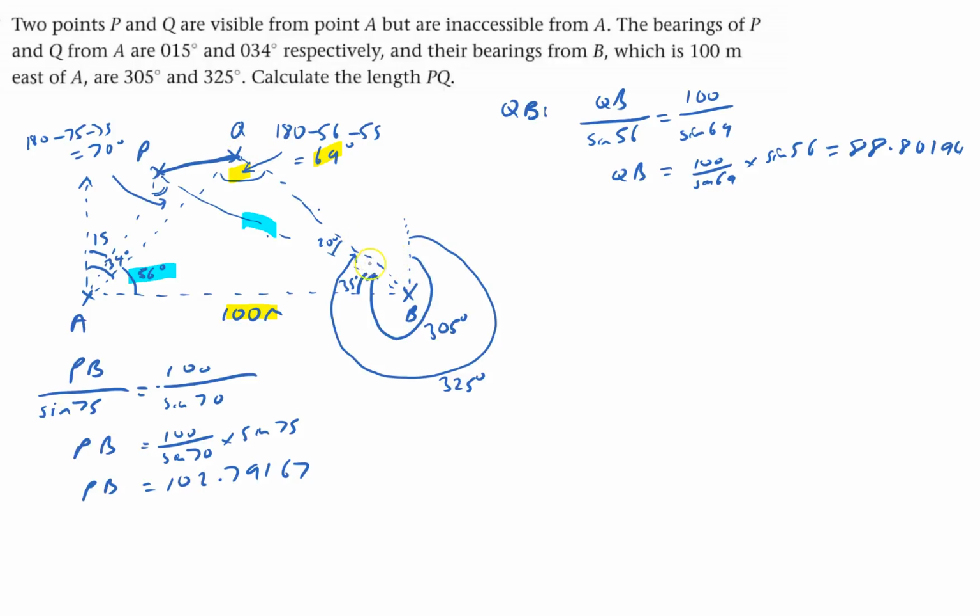So I now know PB, and I've got QB, and now I've got this triangle. So I should be able to work it out now, because I've got an angle, 20, and I want to find the length up there. So it's going to have to be the cosine rule.